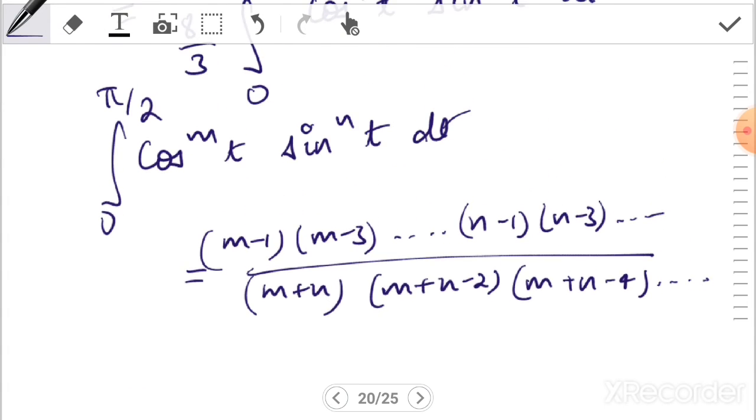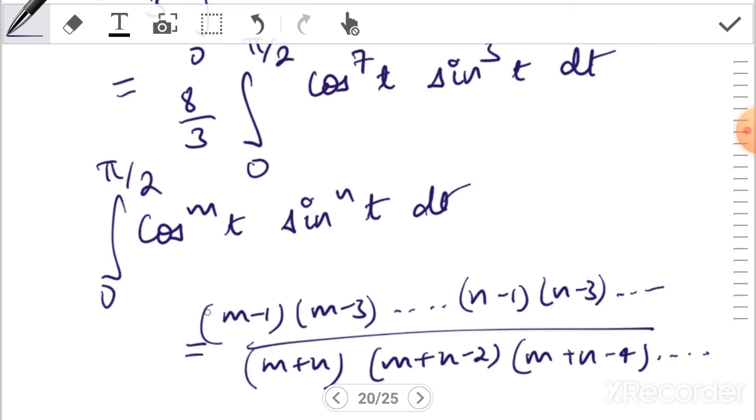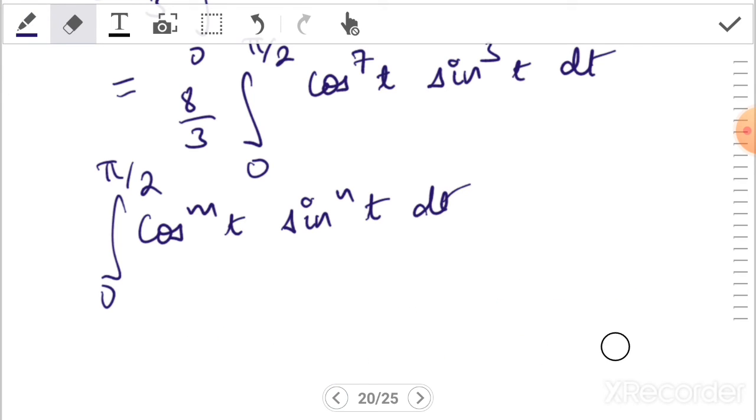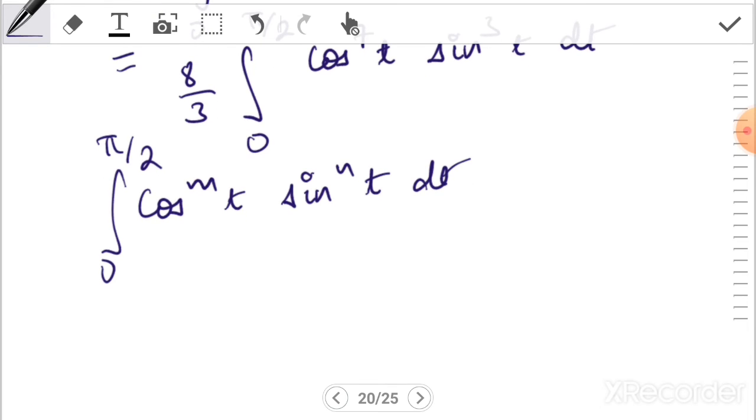So now in this case m is 7 and n is 3. So we have 7 minus 1, 7 minus 3, 7 minus 5, and 7 minus 7 we can't take because that will become 0. That will make the result 0.